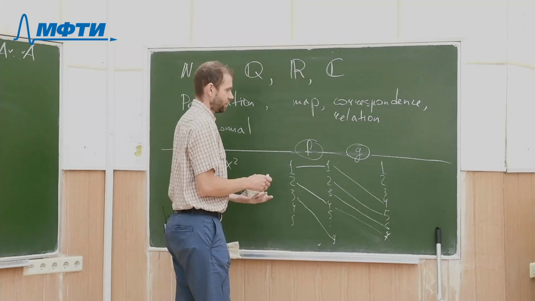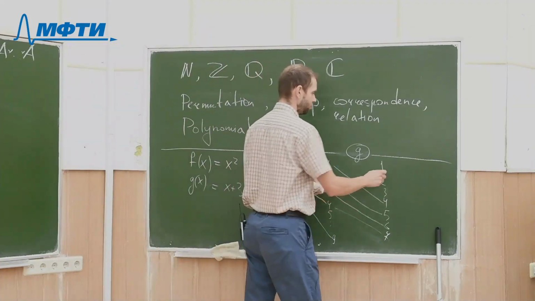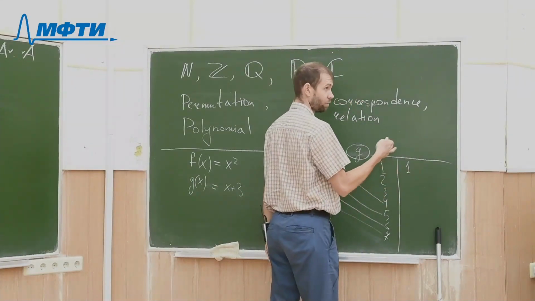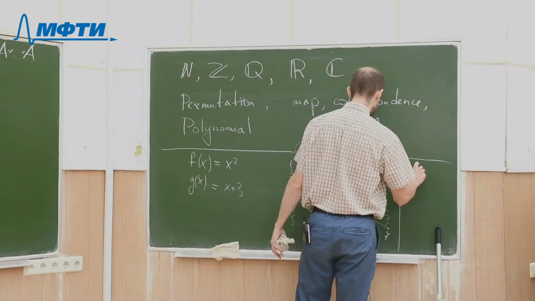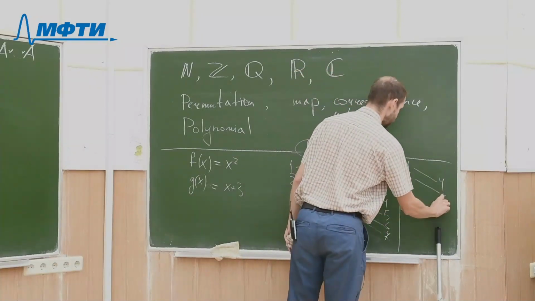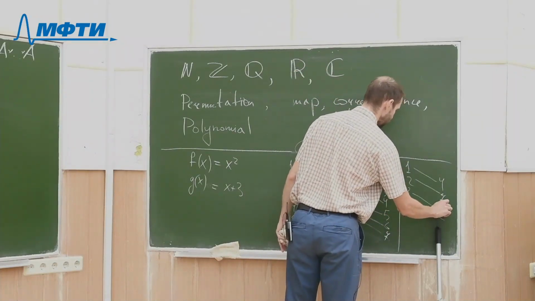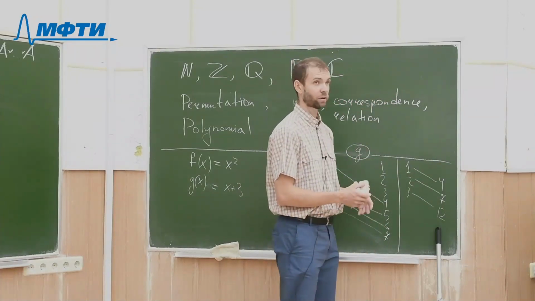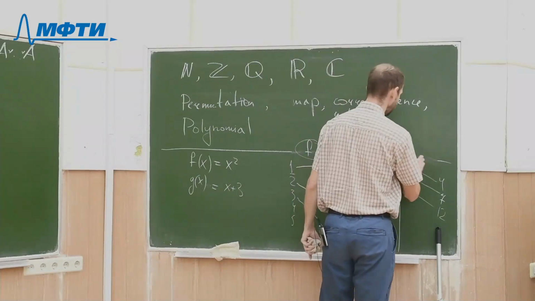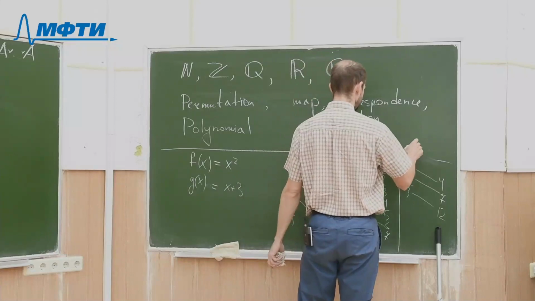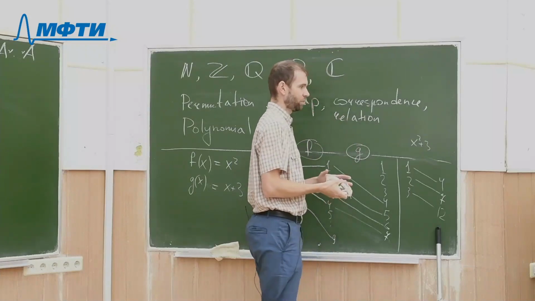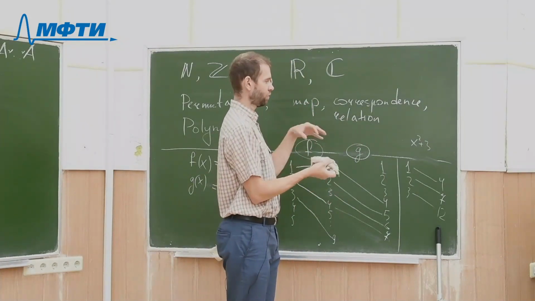And then basically what we get is a correspondence, which is also a function, a map, which maps 1 to 4, 2 to 7, 3 to 12, etc. I just skipped all the numbers that are not used on the right. And this is really what we would denote in mathematics as just x squared plus 3. So we superimpose one function over the other one.